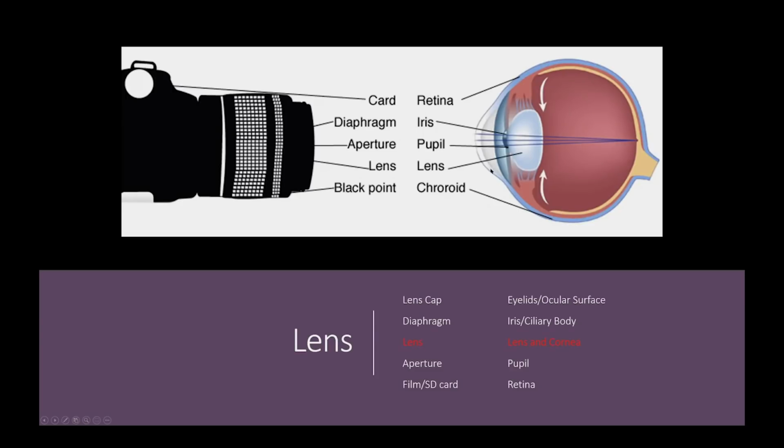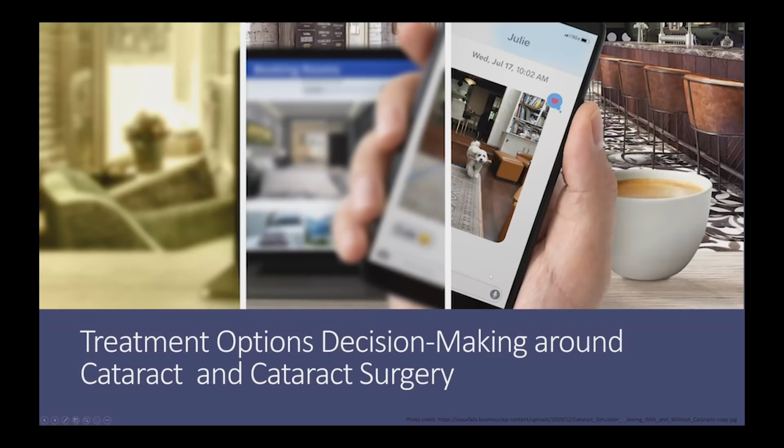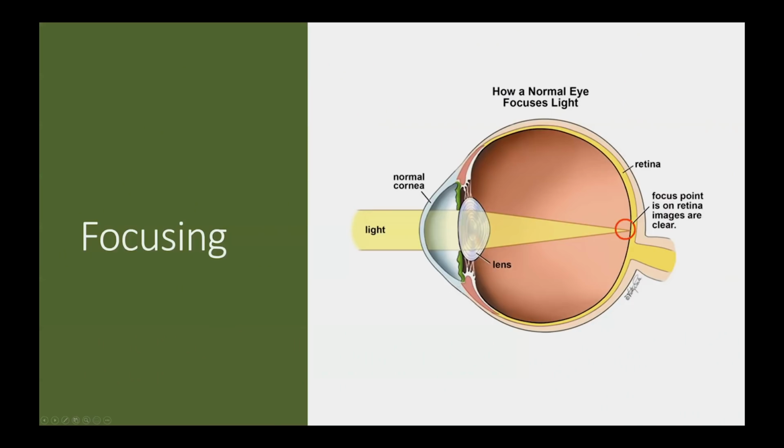I'm going to talk a little bit about focusing because it's important to understand how the eye focuses so that you have a sense of how we go about choosing lens implants around cataract surgery and figuring out what lens implant is the right choice for you. Again, the treatment options around cataract and cataract decision making and lens implant choice have become even more broad, and so we want to really help you understand what that's all about.